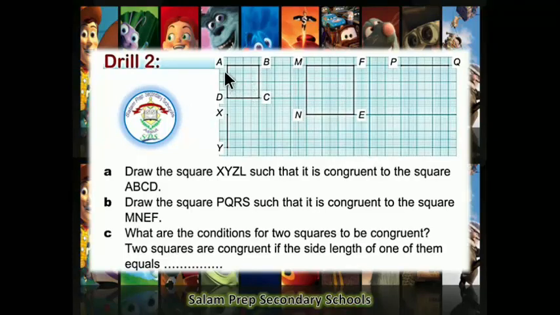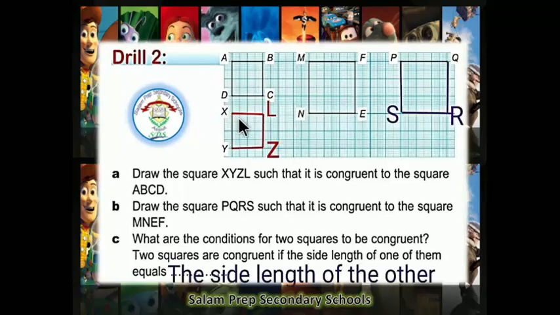The first square A, B, C, D. The second square M, N, E, F. Now we will draw a congruent square to A, B, C, D. Draw square X, Y, Z, L congruent to square A, B, C, D.